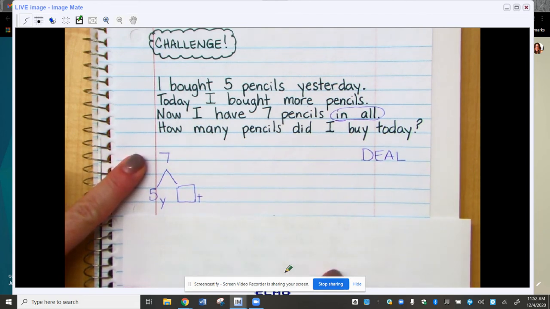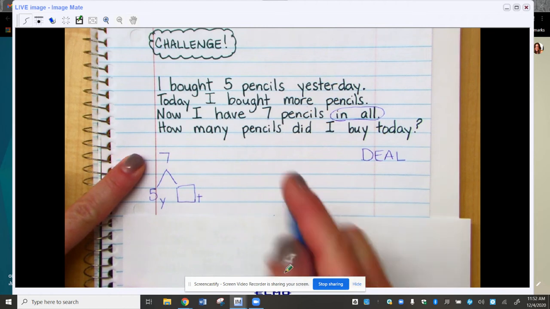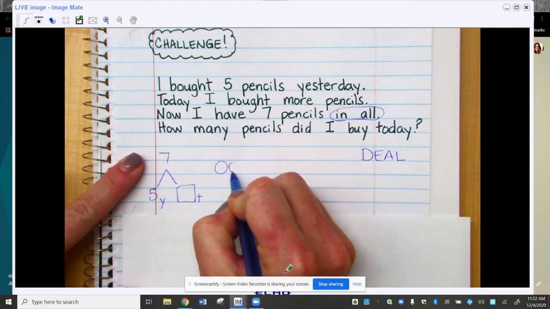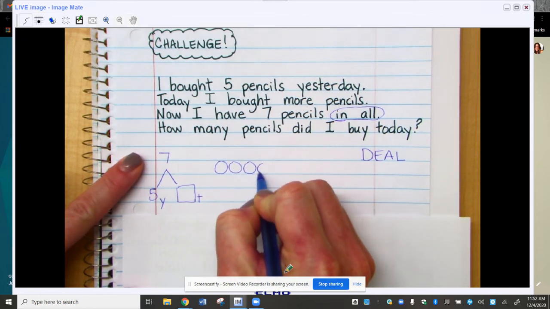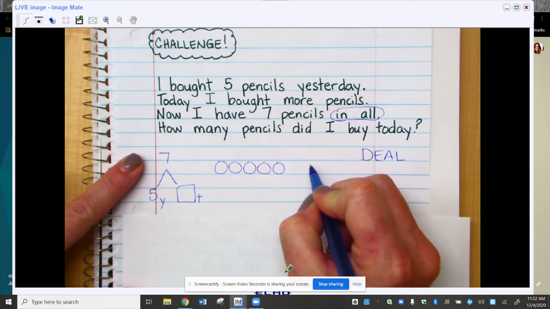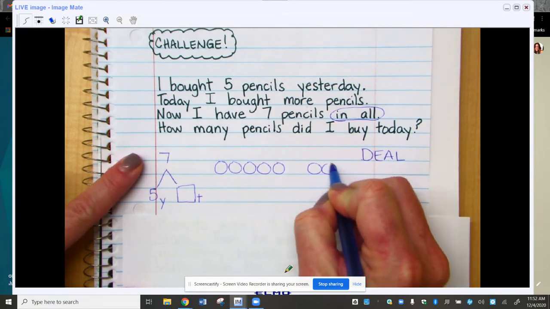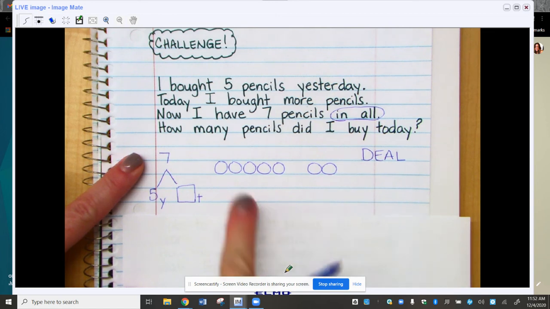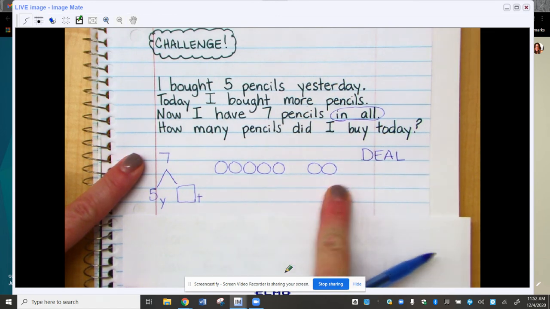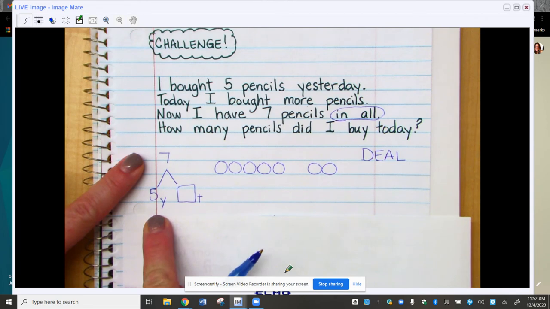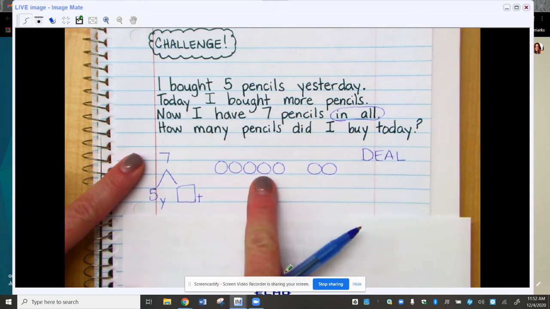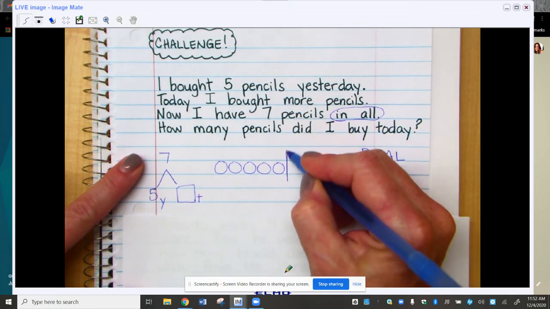I'm going to draw the total number of pencils, which is 7. Okay, there's my total. And I know that I bought 5 yesterday. So I'm going to put my break apart stick here.